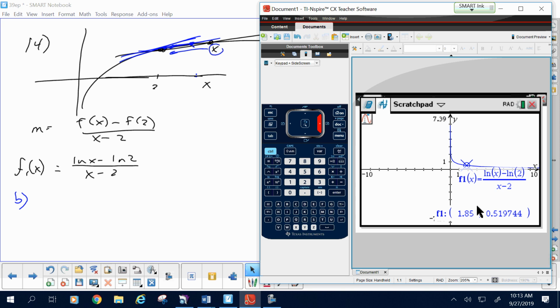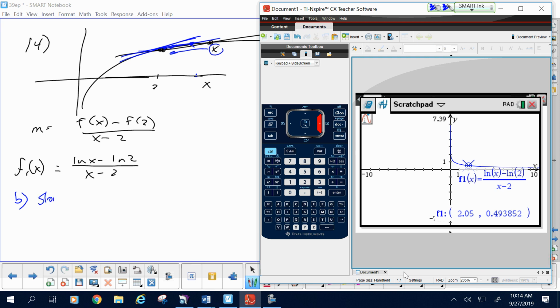So that when you trace, it's going to go a little slower towards 2. But you can see, if you look at the y values, what the slope is approaching. As I get closer and closer to 2, the slope is approaching 0.5. It looks like it's getting real close to 0.5. You with me? All right.